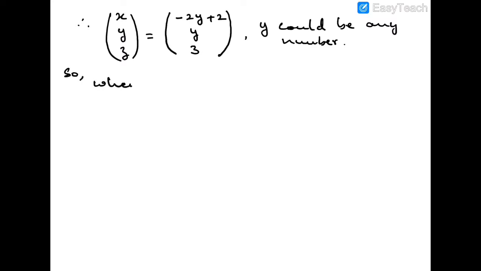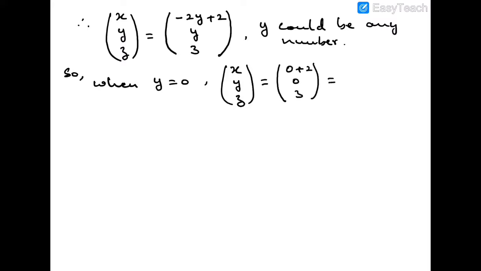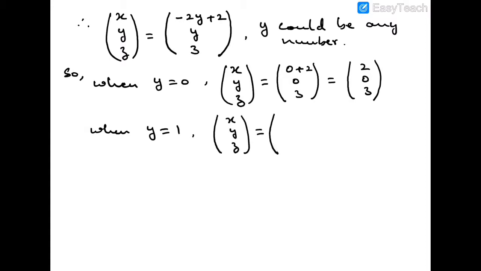So when Y is equal to 0, then X, Y, Z is equal to 0 plus 2, 0, 3, which will give us 2, 0, 3. And when Y is equal to 1, then X, Y, Z is equal to minus 2 plus 2, 1, 3, which will give us 0, 1, 3.